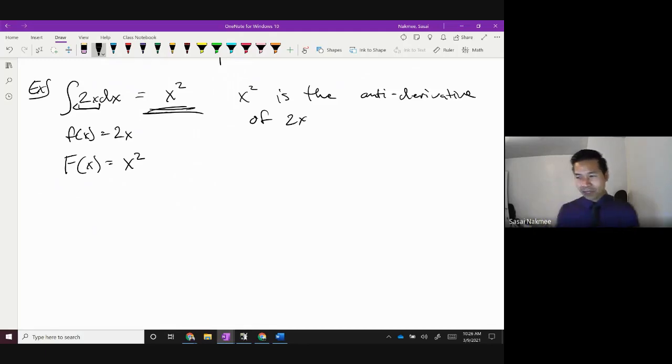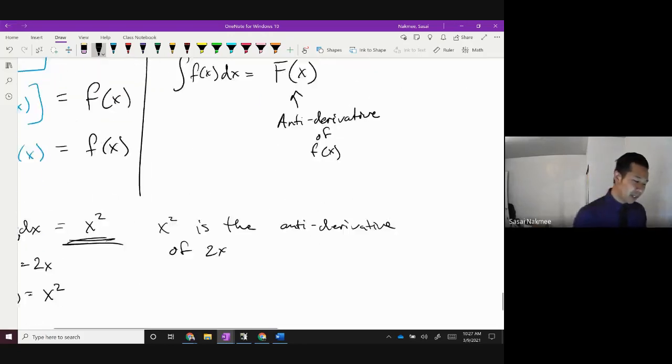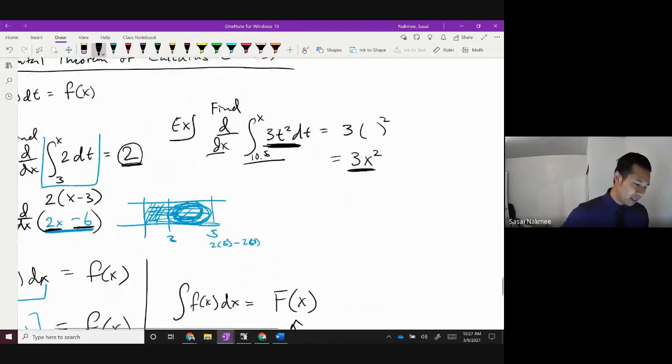I know I've gone a really long way to go about this, but if you got lost along the way, just realize that when you're doing these integrals, aside from calculating the area underneath the curve, you can actually find the original function. All it is is finding out what the antiderivative of the function you're dealing with is. So back up here, check this out.